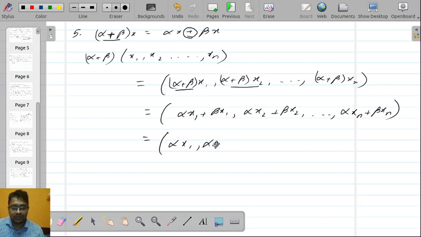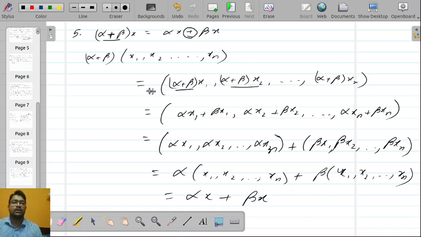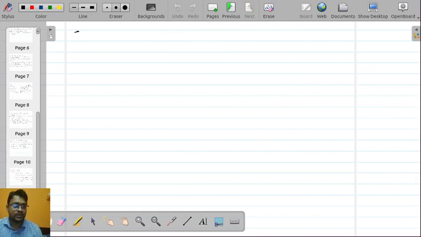So it is alpha x1, alpha x2, up to alpha xn, plus beta x1, beta x2, up to beta xn. This is actually alpha into x1, x2 up to xn, plus beta into x1, x2 up to xn. So this is alpha x plus beta x. So alpha plus beta into x will be alpha x plus beta x. So we have the distributive property.